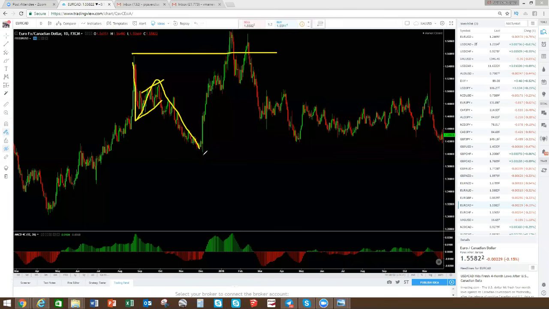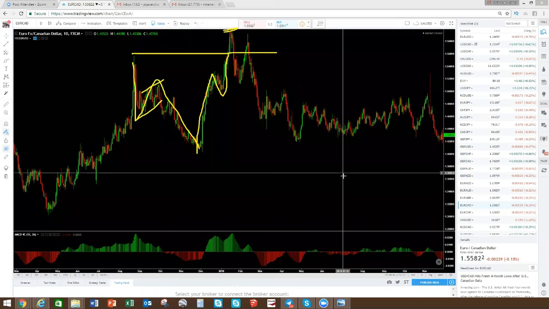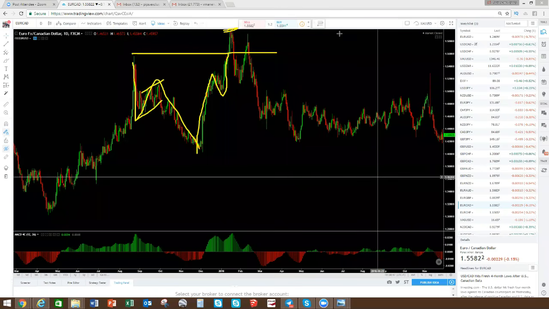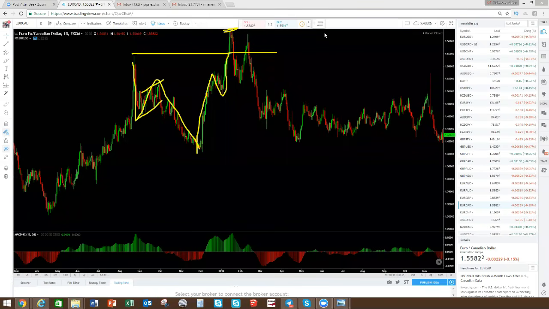I was only looking for it to target that area so that it can give us a 1, 2, 3. But you can see how fast this pair moves. More than 1,500 pips in just a couple of days. So when it's 1,000 pips like that, with the EURCAD, it moves so fast, it could reach it very easily.